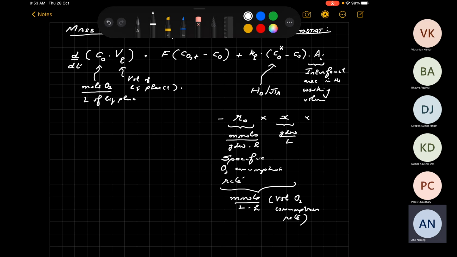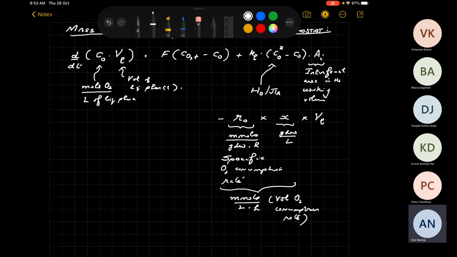And of course, I think that takes care of the whole thing. Yeah, that's it. Nothing more. So now, let's see. No, no. This has to be multiplied by VL, the total volume of the liquid, because all this is happening in the liquid.